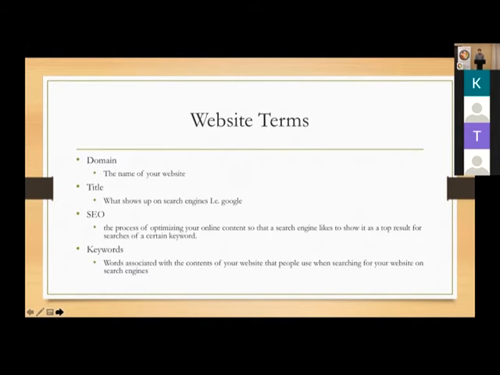Next term, SEO, is the process of optimizing your online content so that a search engine likes to show it. It helps with how high up you show up when someone searches for something related to your name. And then the last thing is keywords. Keywords are the words associated with the contents of your website and what people use when they're searching for your website on search engines.